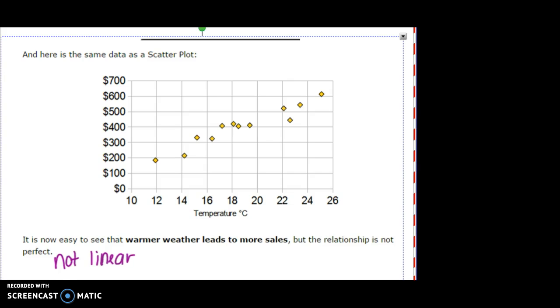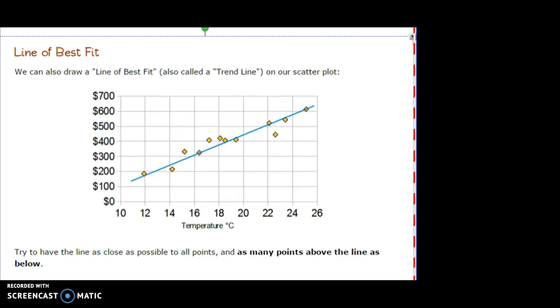So as we look at the next slide, we draw what's called a line of best fit, or a trend line. Notice both of those things mean the same thing. You try to have the line as close as possible to all points, and as many points above the line as below, so about half and half.